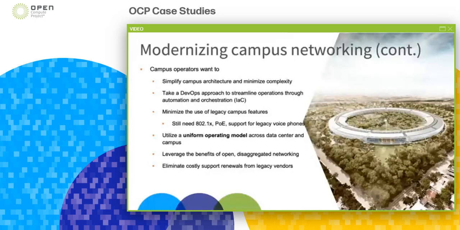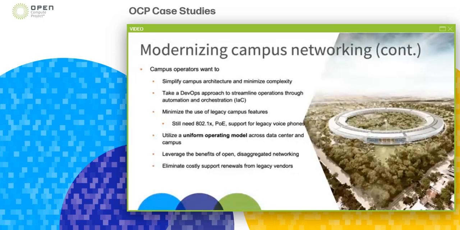Many of our customers have decided to minimize or even eliminate the use of legacy features on campus networks because they view these as impeding or slowing them down in their objective of automating and simplifying the overall network deployment and network operations.